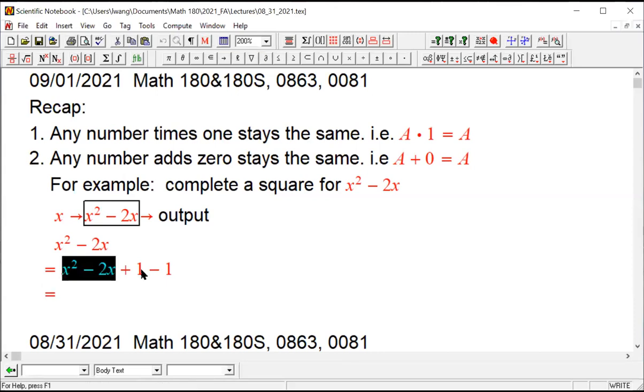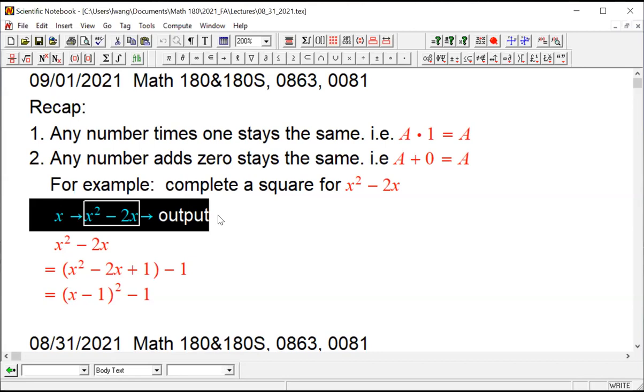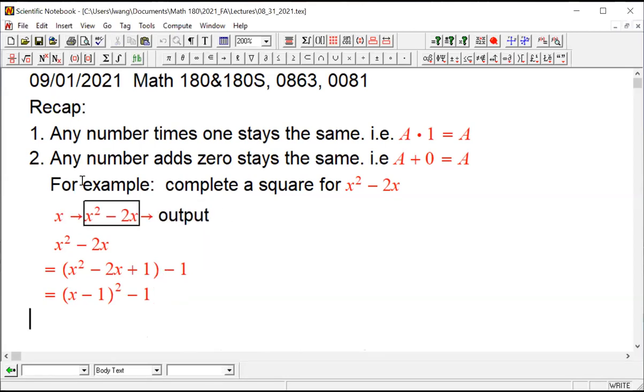Now, as a result, if we group these 3 terms together and we factor these, we get x minus 1 squared and then minus 1. So in terms of applying the rule, this description of the rule has not changed.